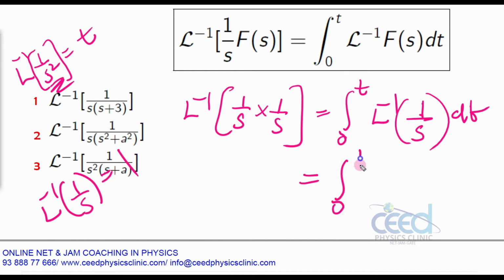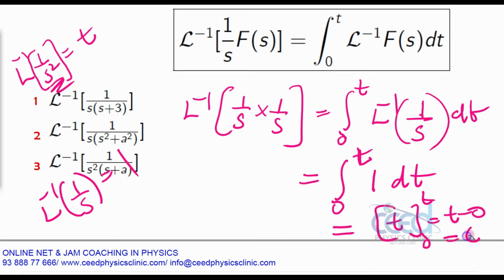So that is the integral from 0 to t of 1 dt. On integration you will get t, and from 0 to t that is t minus 0, which equals t. So we reached the same result, which confirms this theorem.